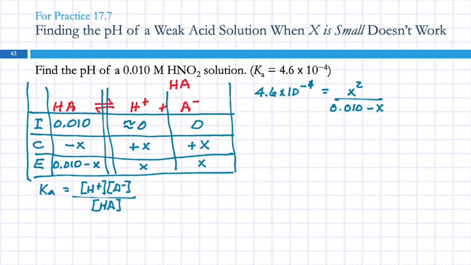So 4.6 times 10 to the minus 4 on the left of the equals, and we type this in just like it looks on the right side, and we hit enter, and we press 0 to tell it, let's just start with X is 0, and enter, enter, and it tells me 0.001927.